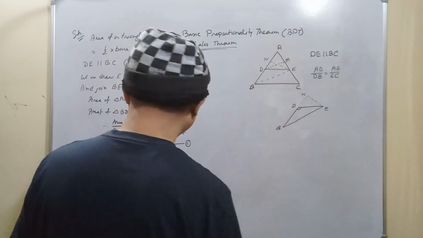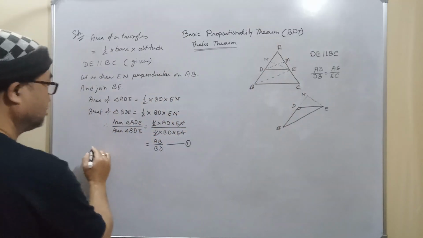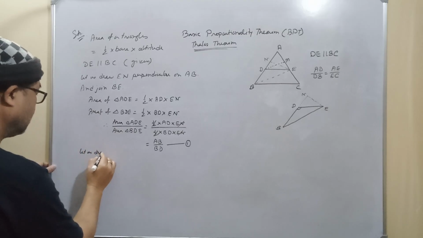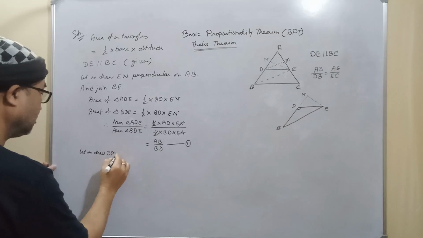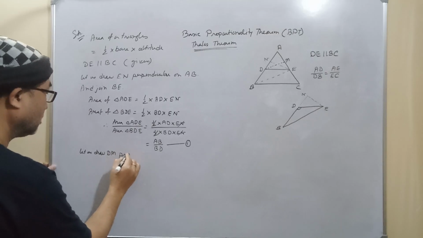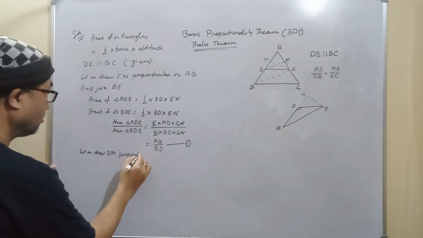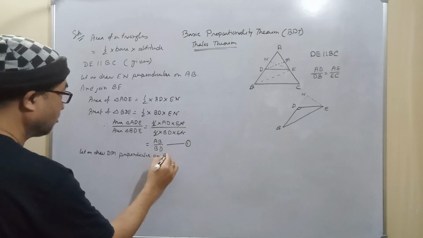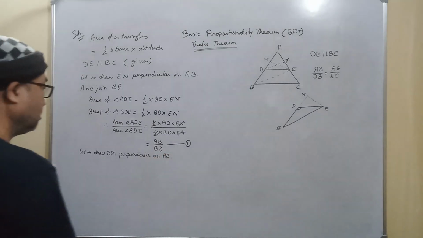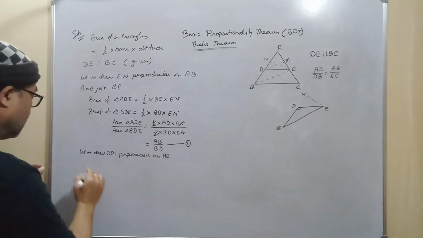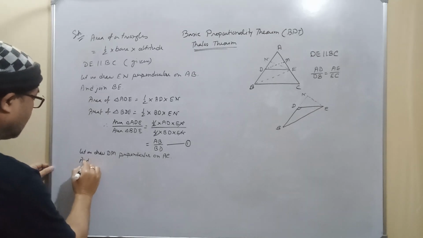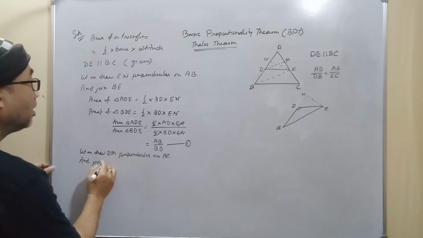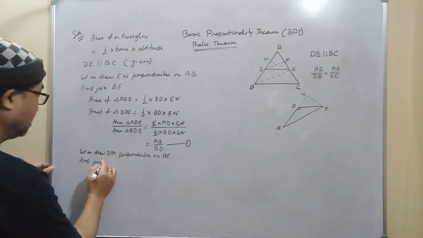DM is perpendicular on AC. Let us draw, and join CD.